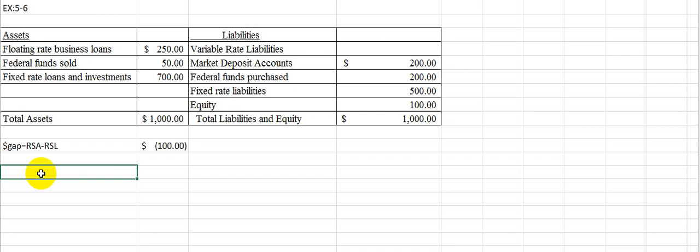We need to calculate RSA minus RSL, but taking into consideration the volatility for each rate sensitive asset and rate sensitive liability, which means that the standardized gap is equal to the sum of RSA times volatility ratio minus the sum of RSL times volatility ratio.